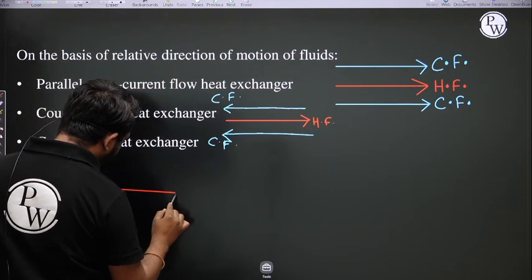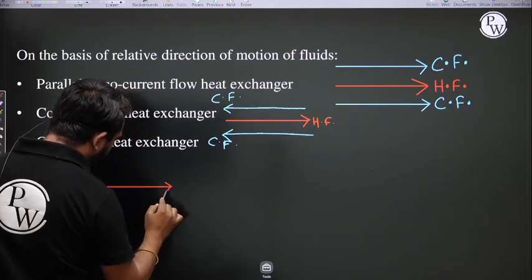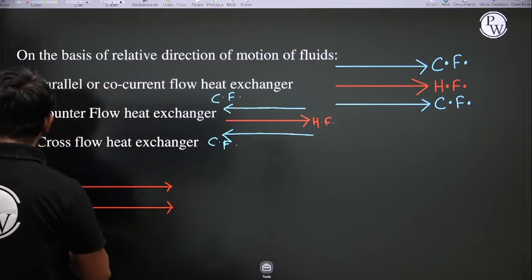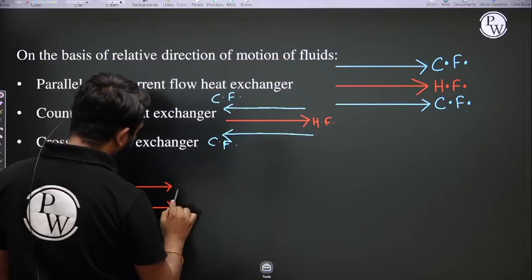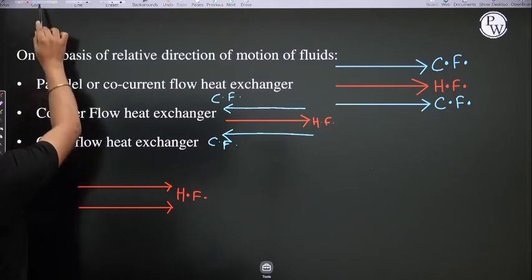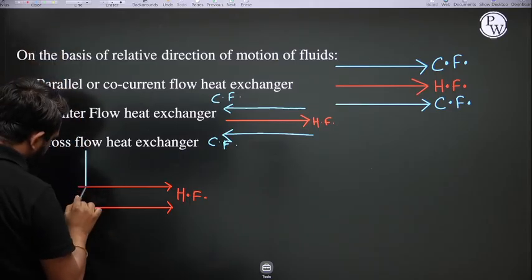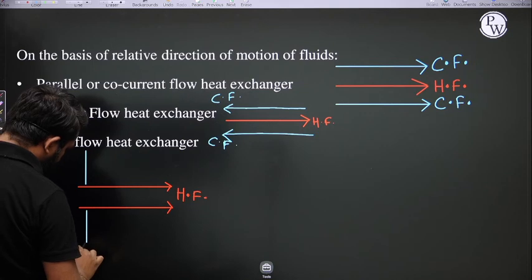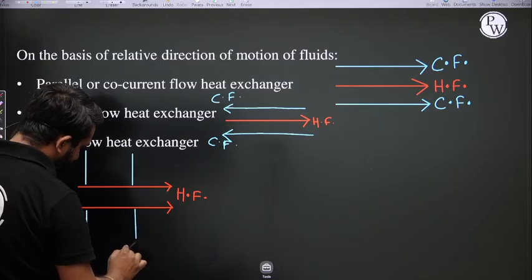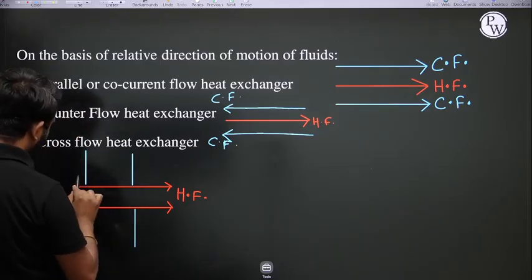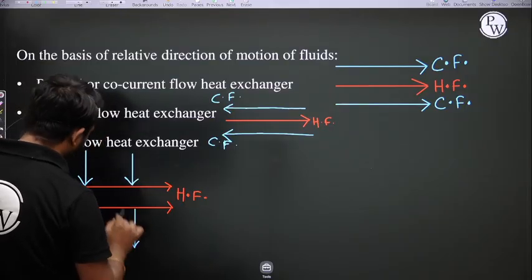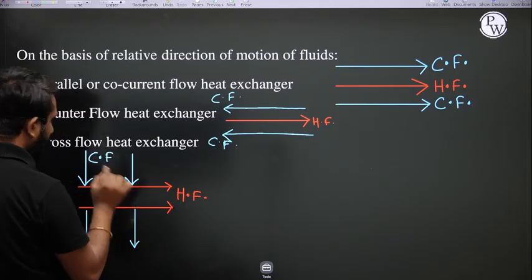Let us assume this is the direction of flow of hot fluid, and this is the direction of flow of cold fluid. So this is a cold fluid and this is a hot fluid.